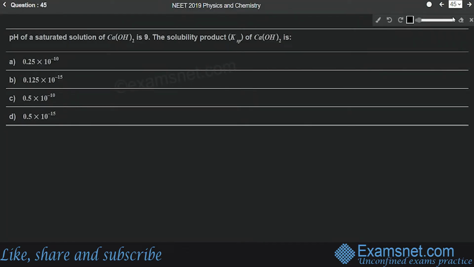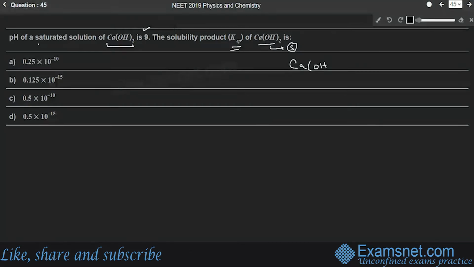And now the last question is from the chapter equilibrium, and the question is pH of a saturated solution of calcium hydroxide is 9, then the solubility product, that is Ksp of calcium hydroxide, is. Okay, so let's assume that the calcium hydroxide has solubility S. Now let's write down the reaction here.